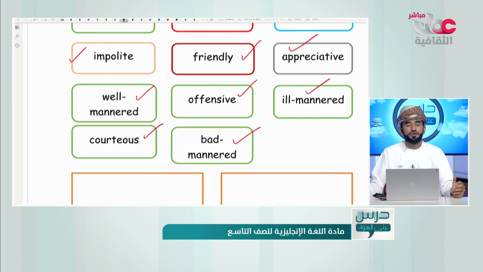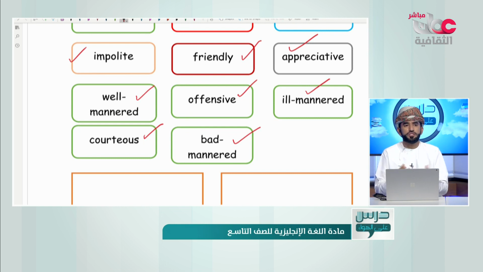I'll be very glad if I can know all of you use most of these words once you try to describe, let's say, a personality, a famous person whom you know. If you want to write something about a famous person, about his personality, if he's good, if he's bad. Instead of saying, for example, Mr. Abdullah is a very good person or a good teacher, we don't have to say good all the time, because all human beings in this country really know the meaning of the word good.